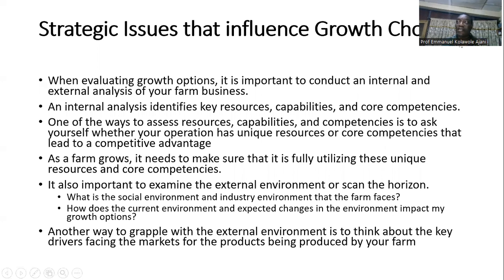I said the strategic direction will influence the kind of alternative that the farmer wants to use in farm planning. So what are the strategic issues that will influence this growth choice?